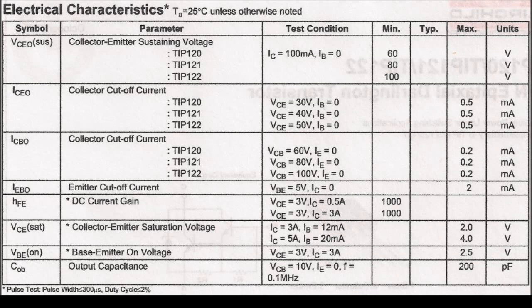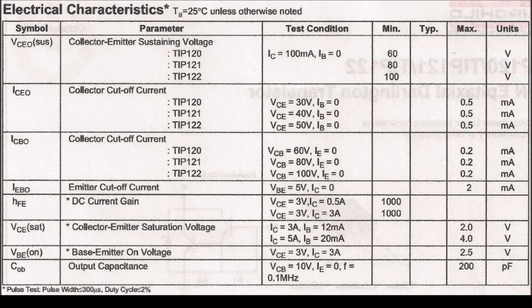DC current gain. Now, a lot of this refers to bipolar transistors because, like I said, they're amplifiers. What little current they require on the base can control a whole lot bigger current on the other side. They are used for amplification. For an example, if you send 1 amp through a transistor, it may control 10 amps between the collector and the emitter. It's called amplification.